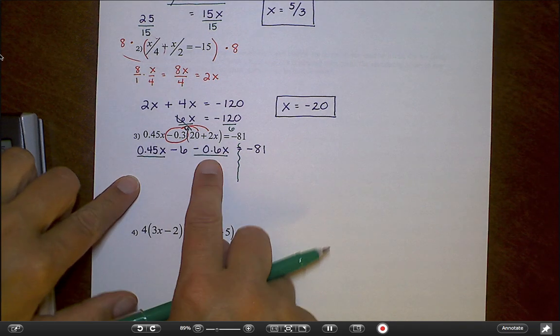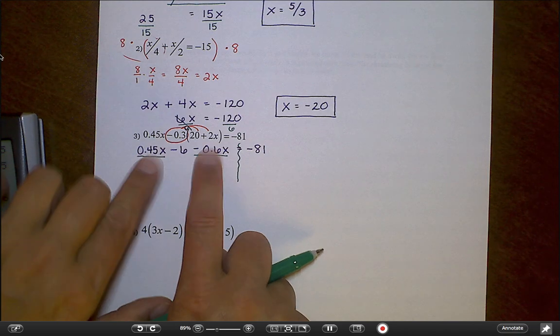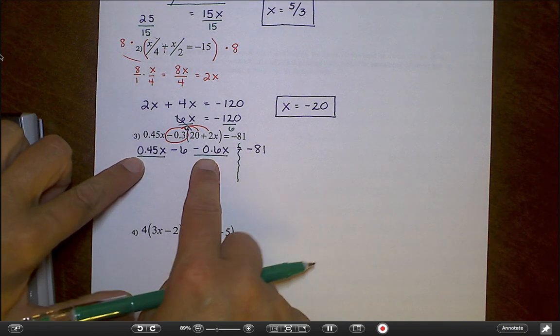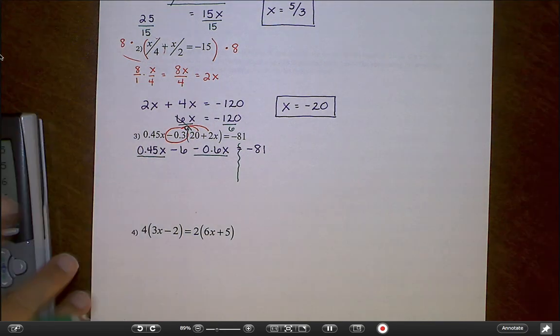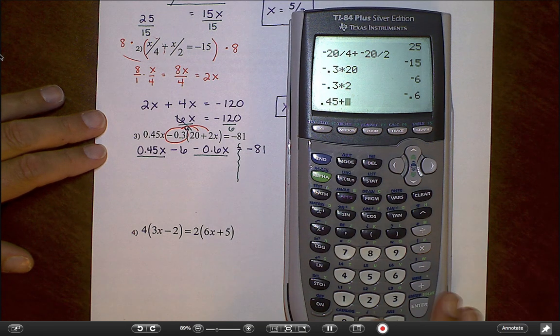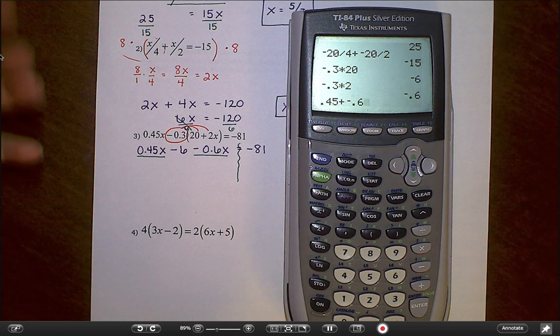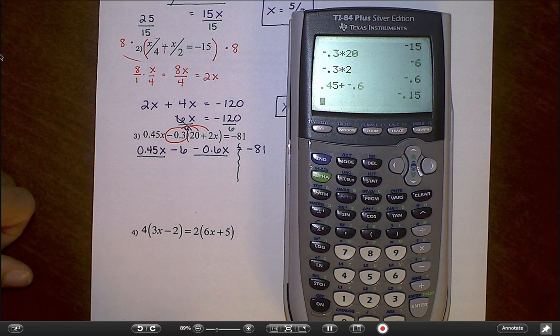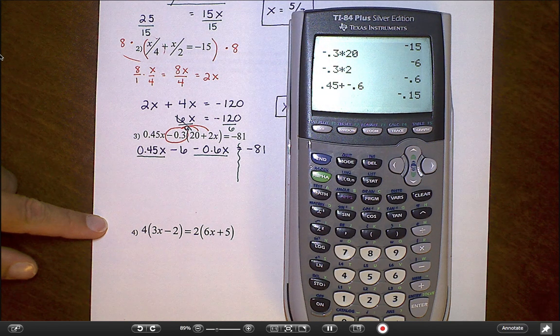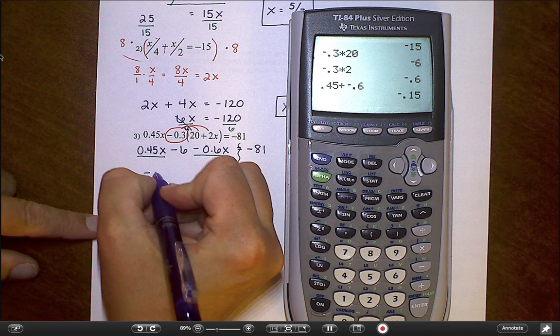I'm not going to add a 0.6 and add a 0.6 because I wouldn't want to add it twice on the same side of the equals. These are just together on the same side, and I'm just smashing them together. So I'm just doing 0.45 plus negative 0.6 or minus 0.6, okay? And so these two things put together should leave me with a negative 0.15.